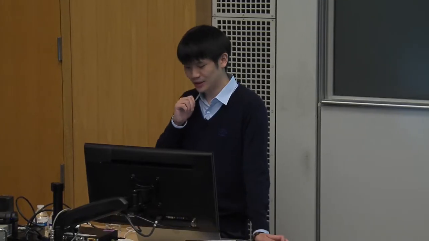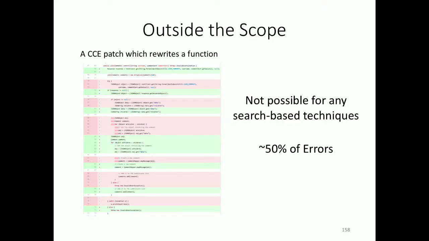Yeah, I think this is a very nice question. I don't believe these techniques are going to fix all errors, and there are certainly errors outside the scope. Because this is a search-based technique, it's tied to the amount of modification that is required.